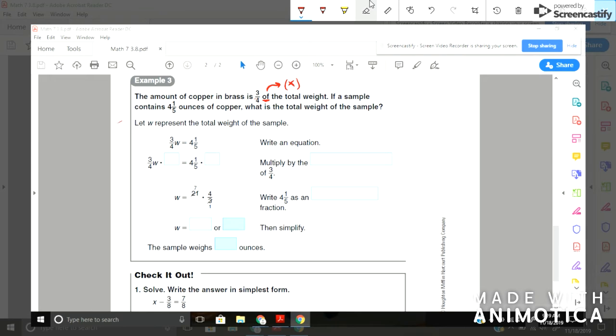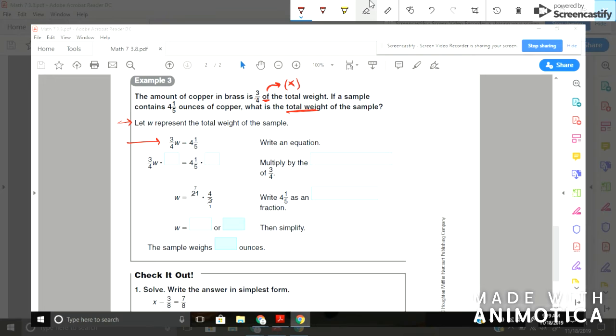All right, so let's write an equation where W is the total weight of the sample. And they've already done that for you. They say 3/4 times, of means times, the total weight, which we are looking for. That's why we call it W, equals, well, we know that there's 4 1/5 ounces of copper.